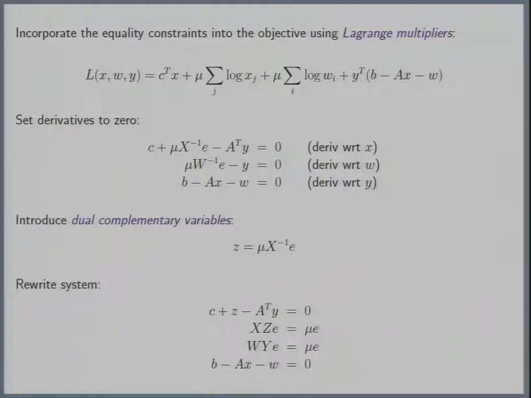So I really have mu over wk minus yk equals 0, and that's true for all k. Writing that as vectors rather than scalars, it's mu times W inverse e minus y equals 0. And of course, the derivative with respect to the Lagrange variables is always the easy one, because all it does is re-extract the original constraints. Seems kind of silly almost.